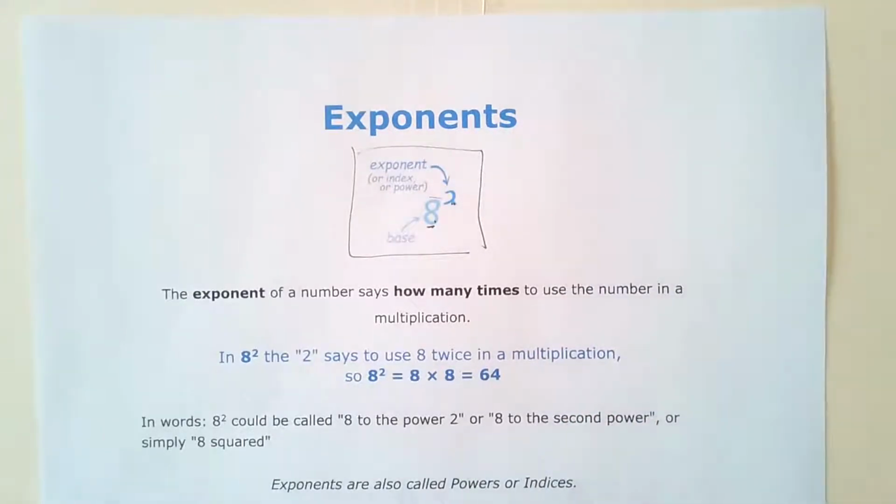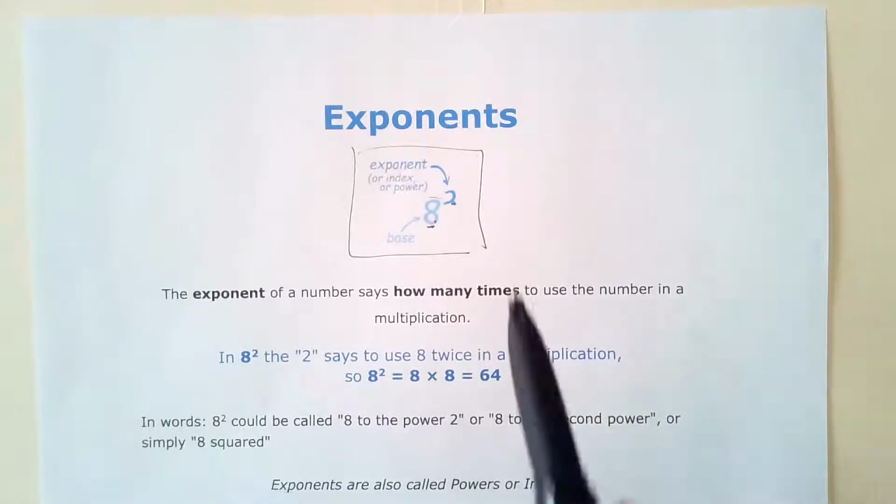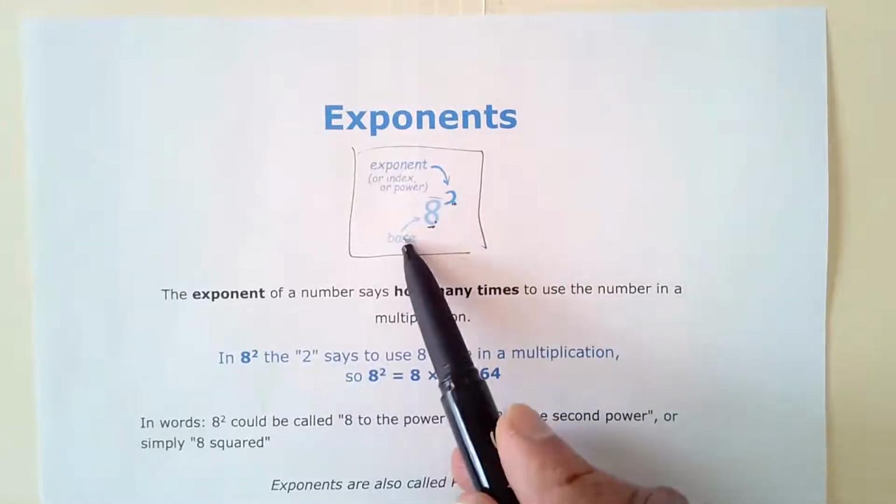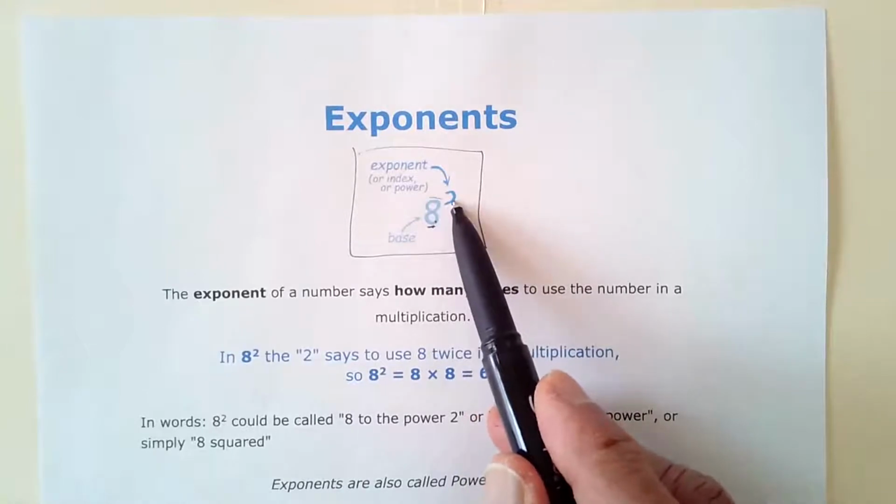The exponent of a number says how many times to use the number in multiplication. It's written with a base and an index or a power.